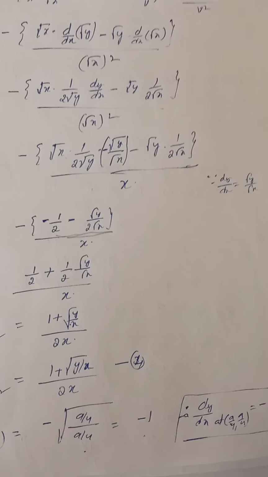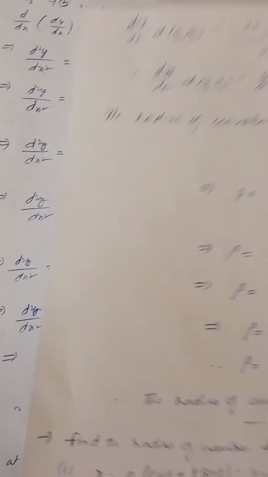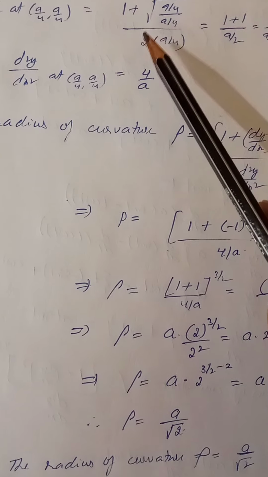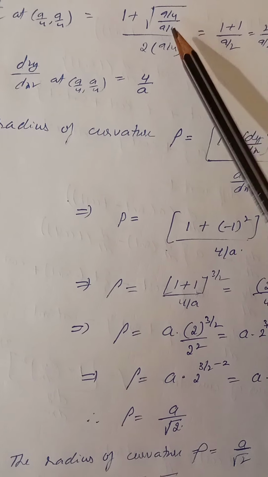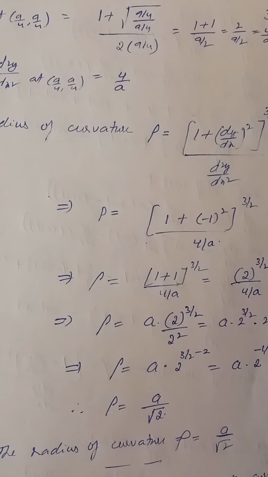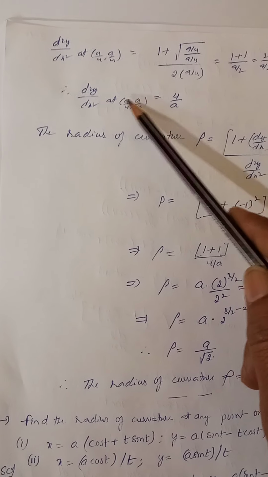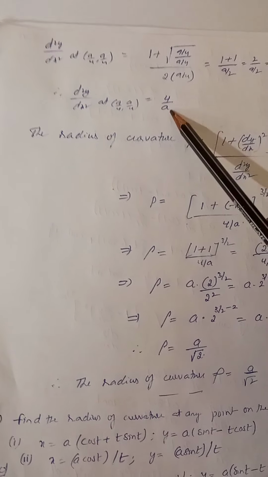Similarly, the d²y/dx² value at the point (a/4, a/4) is equal to (1 + a/4 by a/4) by 2 into a/4. If you simplify this one, you will get 4/a. Now d²y/dx² at (a/4, a/4) is 4/a.